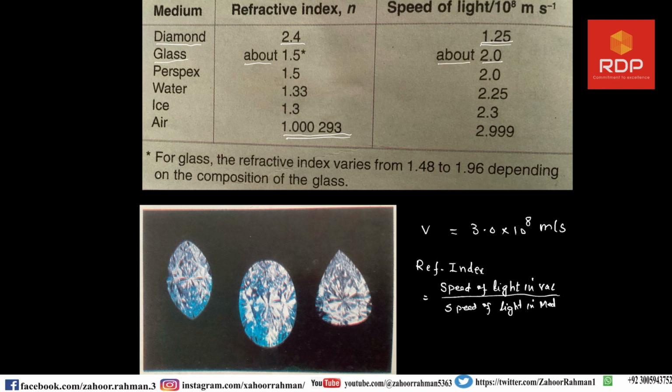You have to take the ratio with vacuum and with the medium, then you will be able to find the refractive index of the medium if we want to find. So technically we can write that n is equal to c divided by v, where c is the speed of light in vacuum and v is the speed of light in the medium which you want to compare. So this is also a very important mathematical form.